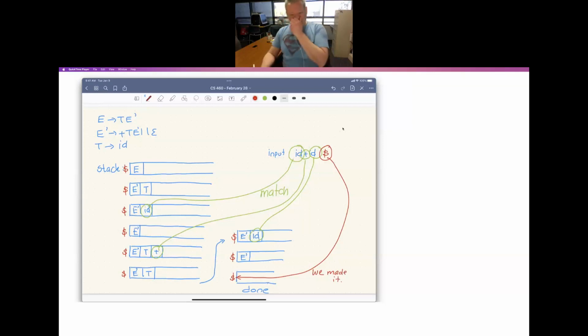So if I can reduce my input to end of file while clearing the stack, you can sort of think of putting that end of file marker at the bottom of the stack.